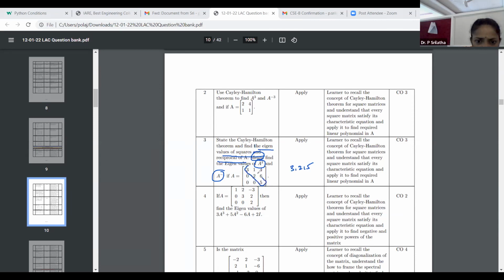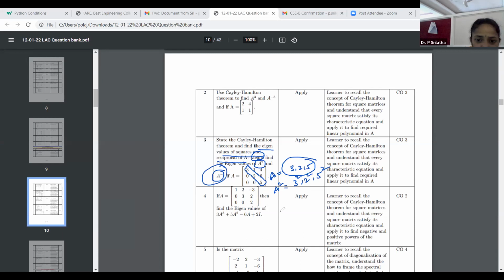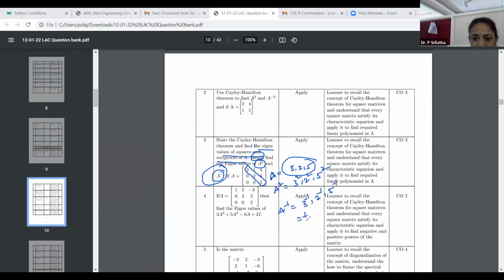What about the eigenvalues for A square? 3 square, 2 square, 5 square. And for A inverse? 3 inverse, 2 inverse, 5 inverse, that is 1 by 3, 1 by 2, 1 by 5. Very good.